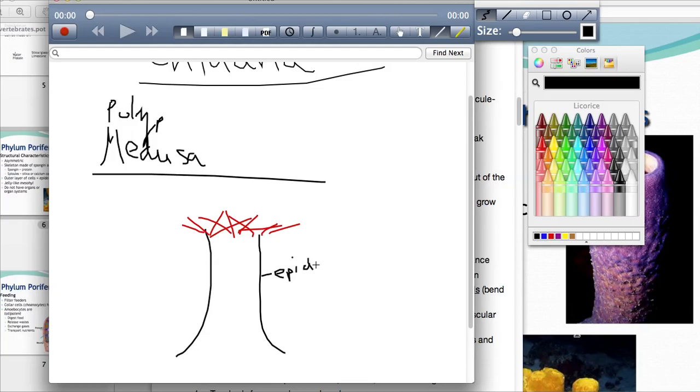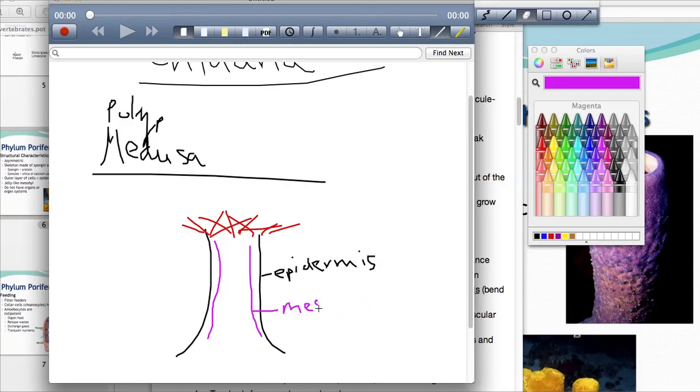Just like with sponges, it has an outer layer of skin cells called the epidermis. You get inside, you'll find another layer, which is the jelly-like mesoglia. Excuse me, not mesoglia, mesohyl. We're going to get to mesoglia in a second, but mesohyl. So this pink stuff right here is the mesohyl.